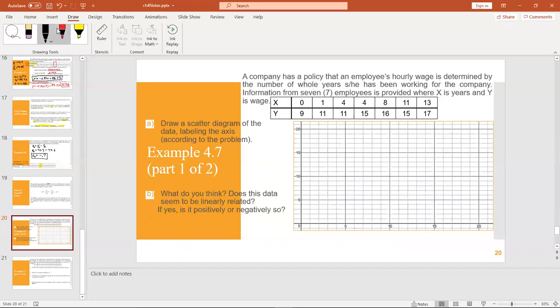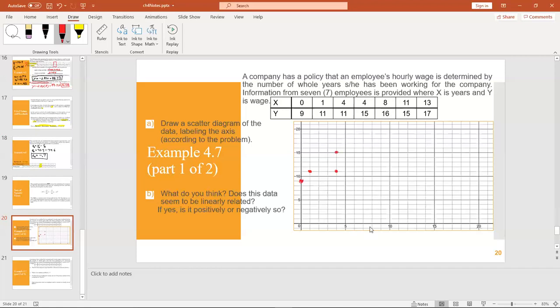All right, so before we do anything else, why don't we graph this sucker? So here's a 0 and a 9. So we got 0, and we're going to go up here to 9. 1 is 11. So there are points right there. We've got 4 and 11, so 4 and 11 is like right there. And then we've got 4 and 15, so that's like over here.